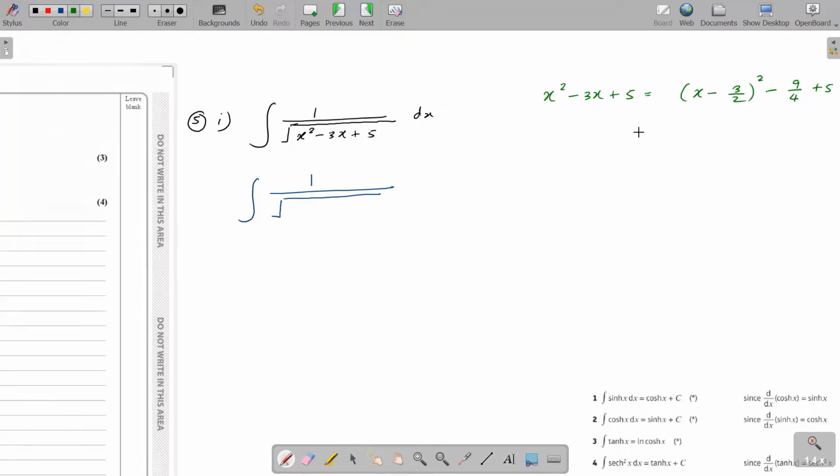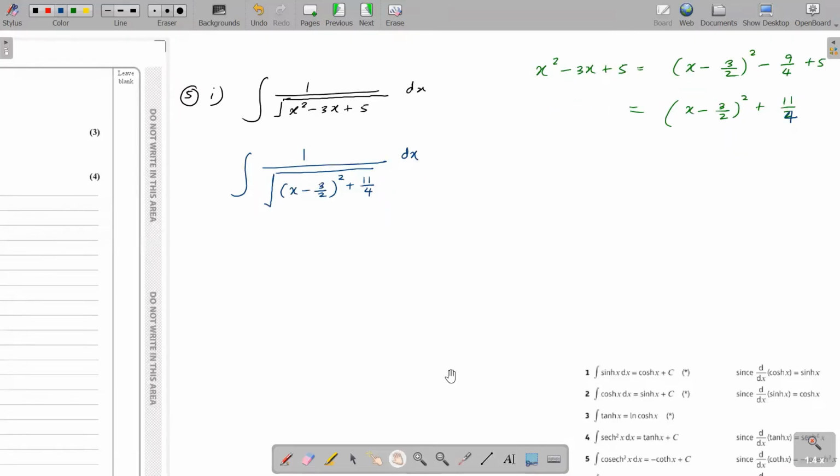So x minus 3 over 2 squared, minus 9 over 4 plus 5 is plus 11 over 4. So we'll input that value here: x minus 3 over 2 squared plus 11 over 4, with respect to x.